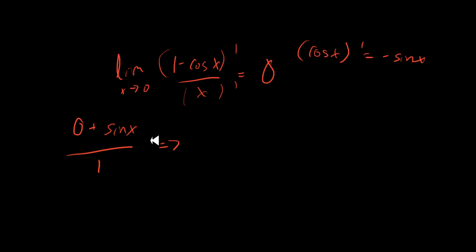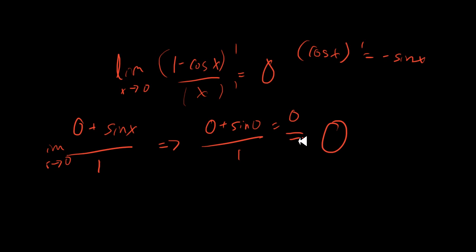Once you plug in 0 for this, you get 0 plus sine 0, which equals 0. I should always label, I keep forgetting. Remember to label, you're going to get points marked off on tests, like me. So this entire expression equals 0. Now it's proved.